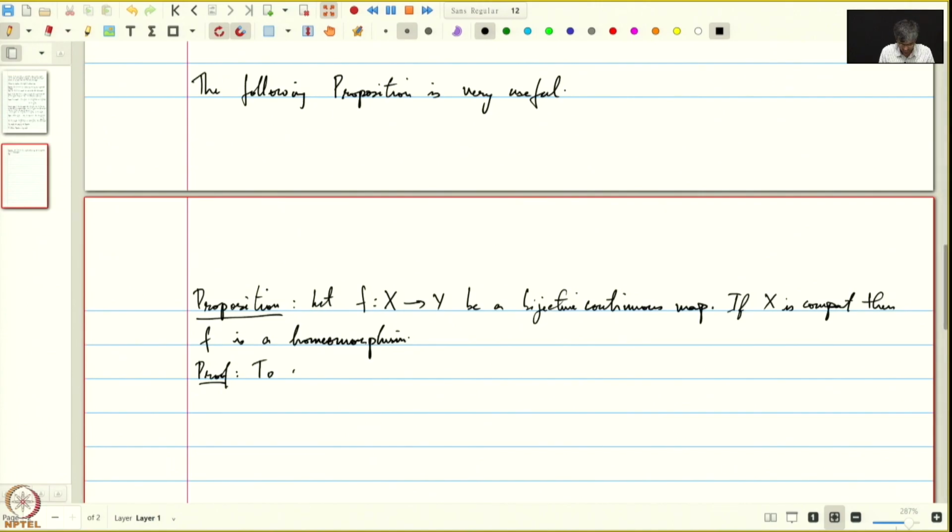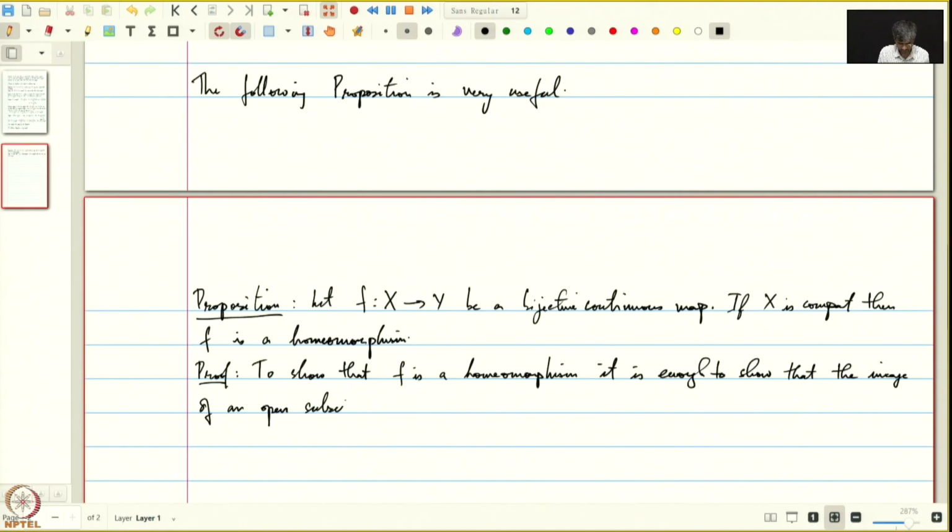So, to show that f is a homeomorphism, it is enough to show, since f is bijective and continuous, that the image of an open subset is open, right, which happens if and only if the image of a closed subset is closed.